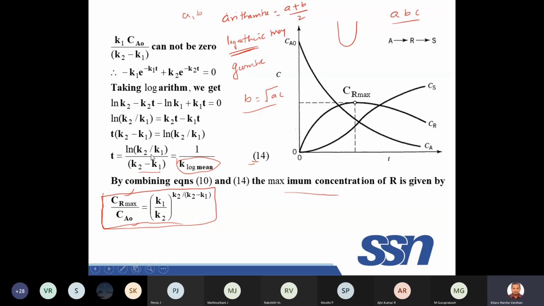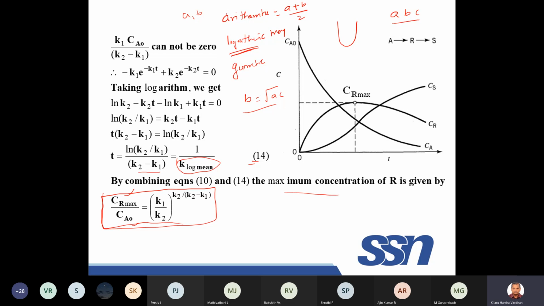Earlier you had this logarithmic mean. Can anyone tell where you got it? LMTD, heat transfer, especially heat exchangers. Not only there, even in mass transfer you get a logarithmic mean, especially in diffusivities in the first unit.